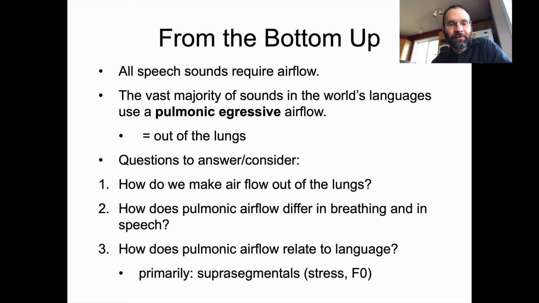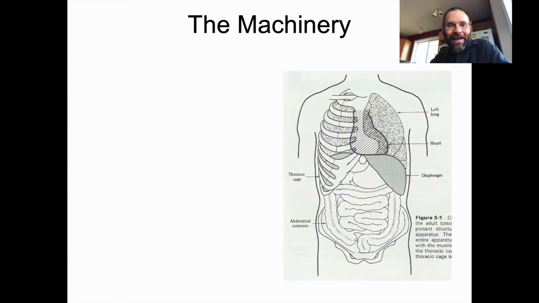And lastly, how does pulmonic airflow relate to language? The way it relates to language is primarily going to be through the suprasegmental features that we've been talking about, things like stress and changes in F0, and so on and so forth. Our goal is to get answers to these questions by the time we're done with today's lecture, and I have a feeling we're probably going to get there, at least in some fashion.